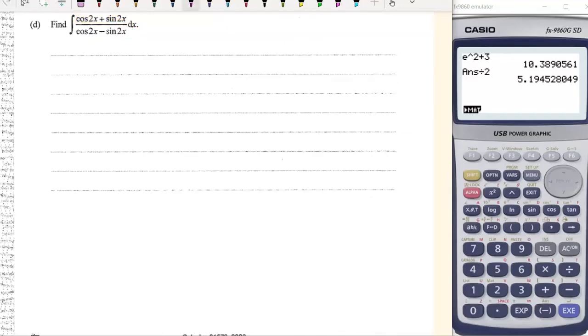So if we try a value of y being the denominator, cos of 2x minus sine of 2x, and then differentiate that, we would get minus 2 sine 2x minus 2 cos 2x.